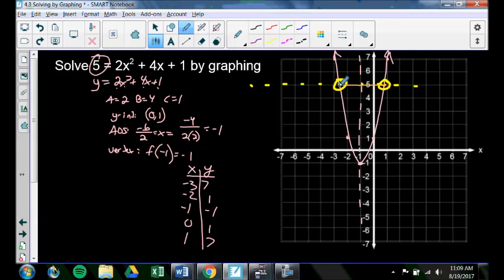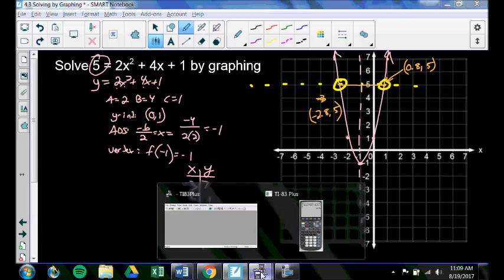So I'm going to have to estimate a decimal here, but whatever decimal I estimate on one side has to match the other. So this looks like it's the point 0.8, comma 5. Well, that means this has to be negative 2.8, because it has to go 0.8 in both directions. That might not be perfect, but it's going to be pretty close, and probably close enough.